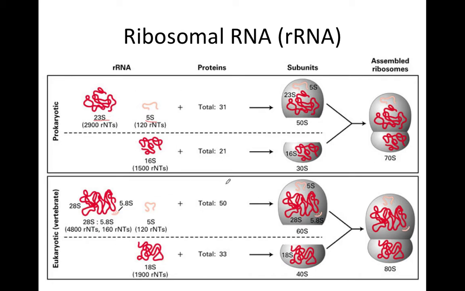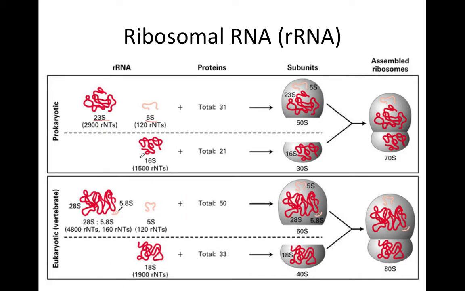Whereas for the eukaryotes, the small subunit of the ribosome is called the 40S, whereas the large subunit is called the 60S subunit. In the 60S subunit, you will find the 28S and the 5.8S rRNA, as well as a 5S rRNA. Whereas in the small subunit, we find the 18S rRNA.